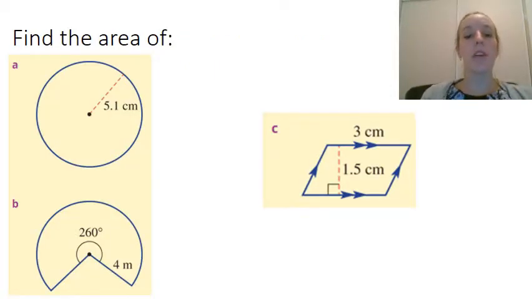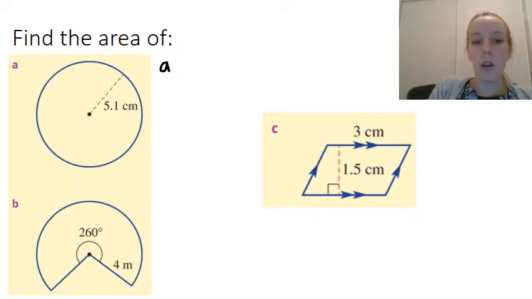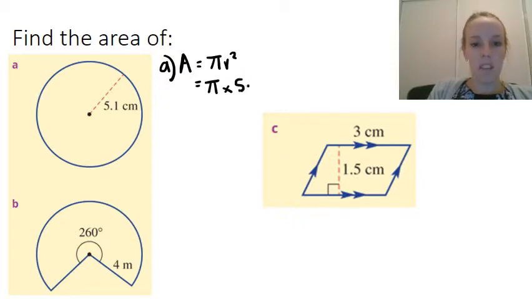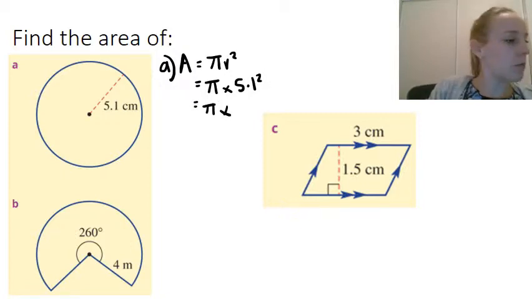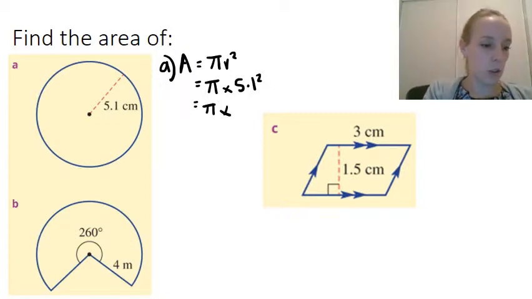Okay, so we've got some worked examples here. The first one is a circle. So to work out the area of a circle, we'll always start with our formula. So area of a circle equals pi r squared. So in this case it's pi times 5.1 squared. 5.1 squared is 5.1 times 5.1, it's 26.01.